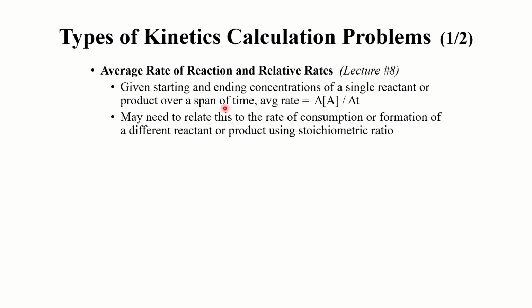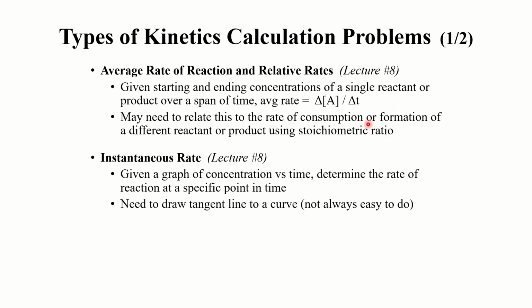You may be given starting and ending concentrations of a single reactant or product over a span of time, and then you can solve for the average rate. So remember how to write your rate expressions. You may need to relate this to the rate of consumption or formation of a different reactant or product using their stoichiometric ratios. So remember that the relative rates here are directly related by the stoichiometric ratios from the balanced chemical equations.